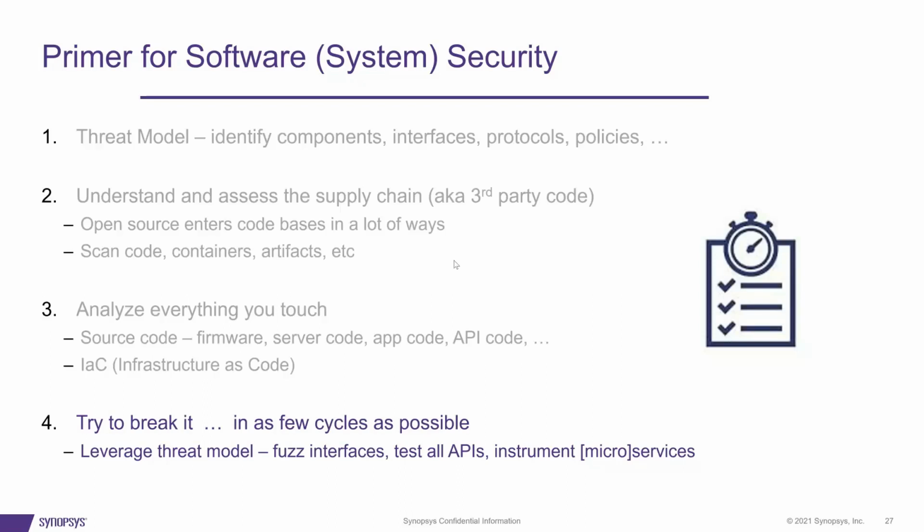So let's fuzz all the interfaces and understand those models, all the APIs, and a lot of how you're deploying either on the edge or in the cloud are now microservices, and we would really like to get a little bit more visibility into those microservices.